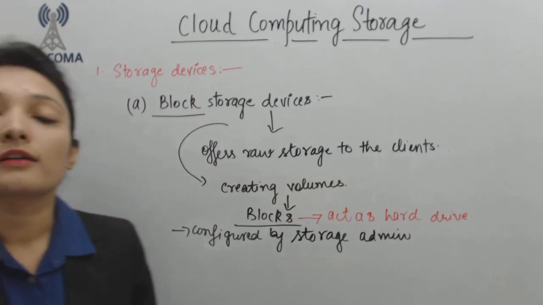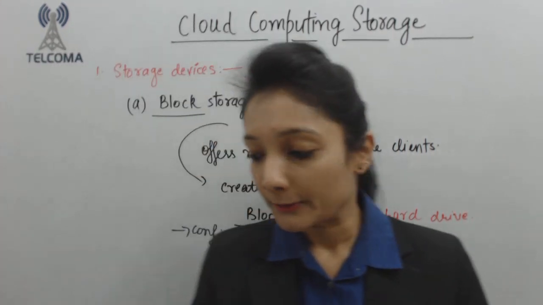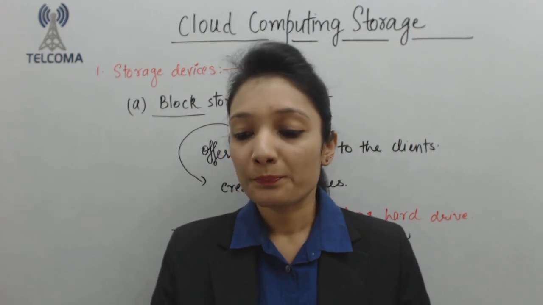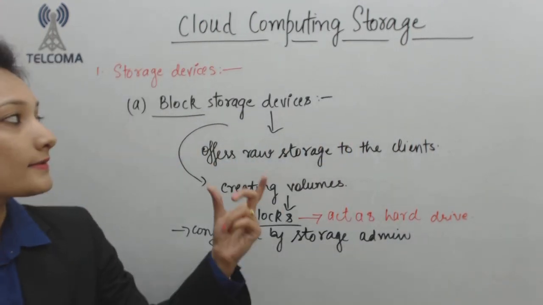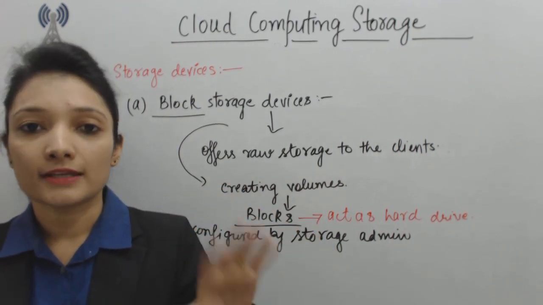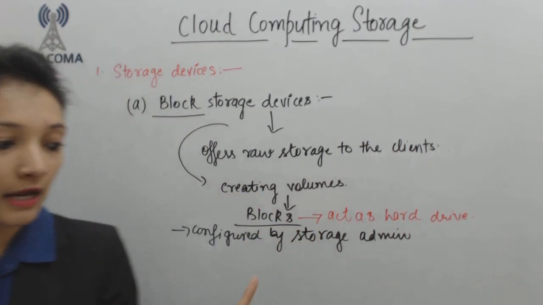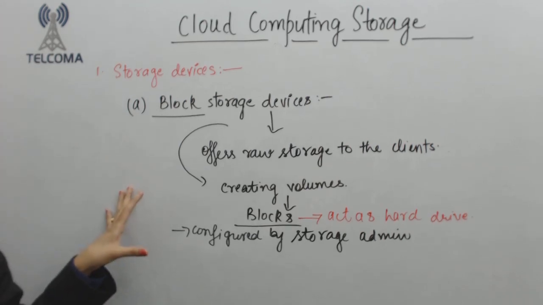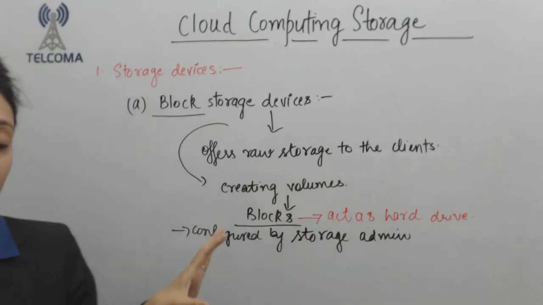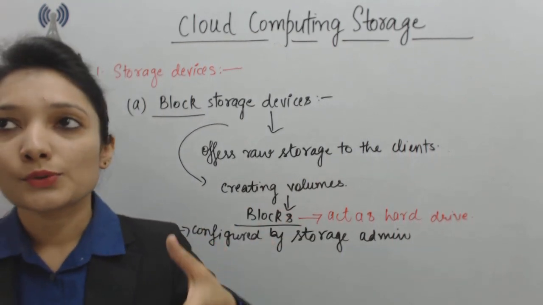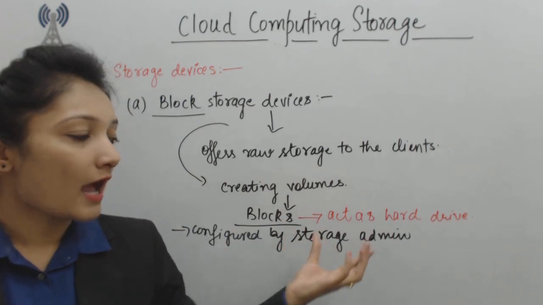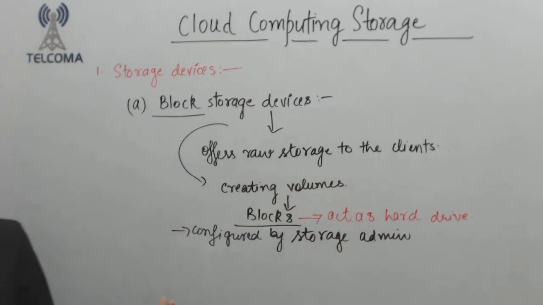These block storage devices work well for storing files and various databases. So in this very first category, the block storage devices offer storage to the clients by creating certain volumes, certain blocks, which act as hard drives.